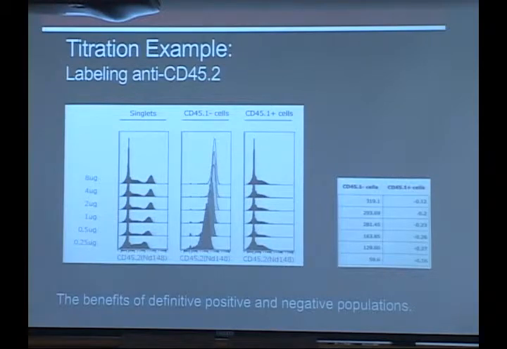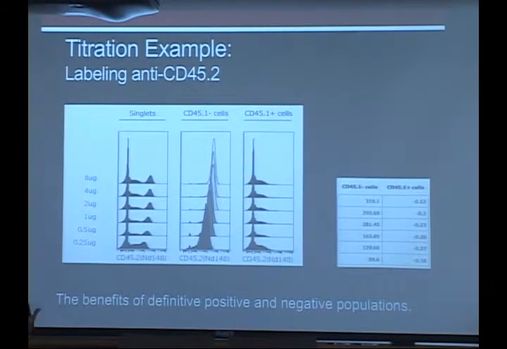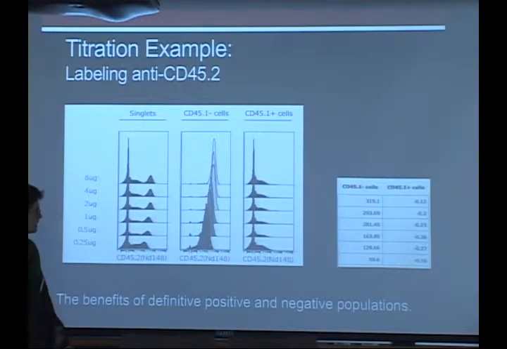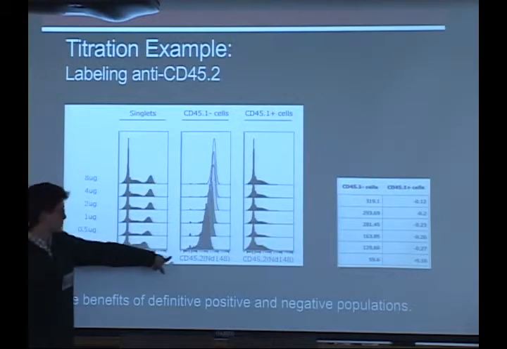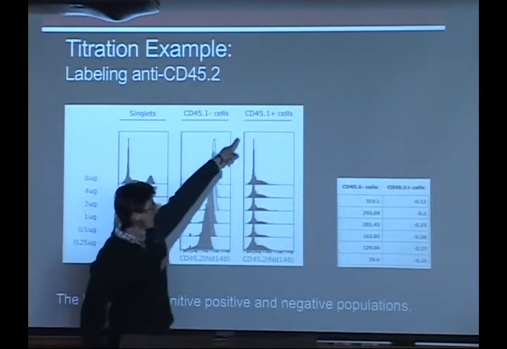In this particular example, I was trying to label an antibody that was specific for the CD45.2 isoform. And to titrate this antibody, I prepared a mixture of cells that had some CD45.1 cells and some CD45.2 cells. So a very clear positive and negative control population in the same tube. I could then use a counterstain antibody that I had already developed against CD45.1 to gate these cells into 2 main populations, those that did not express 45.1 and those that did.